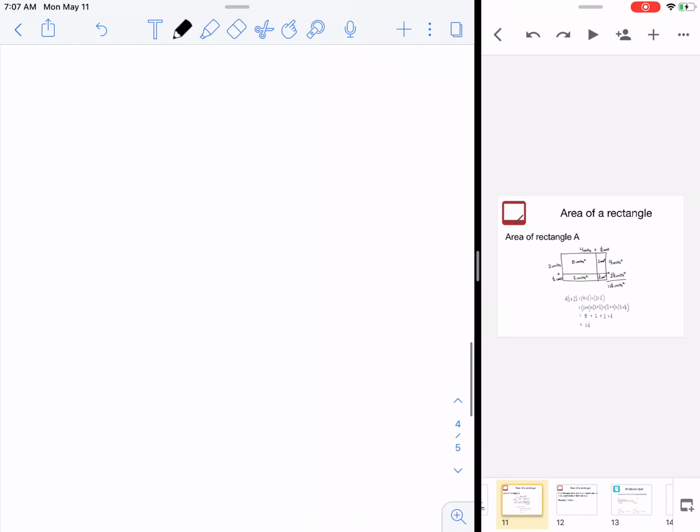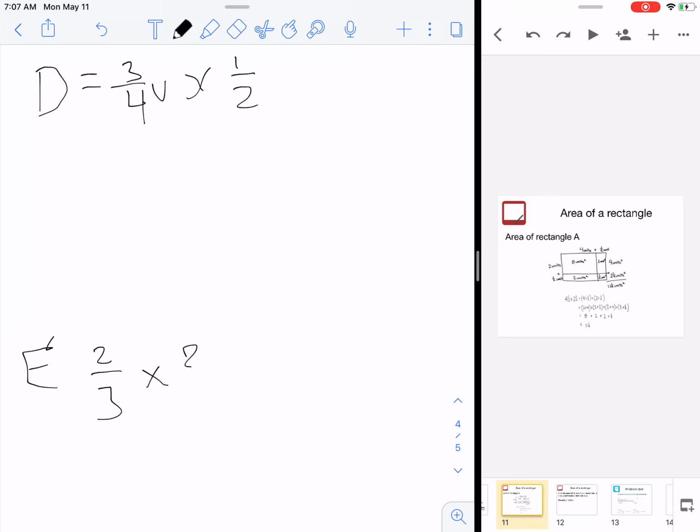The last one we're going to do today is D. We'll do D and E. D is 3/4 unit by a half a unit. And E is 2/3 by 2/3. So if we draw these, we have 3/4 times a half, just length times width, okay?